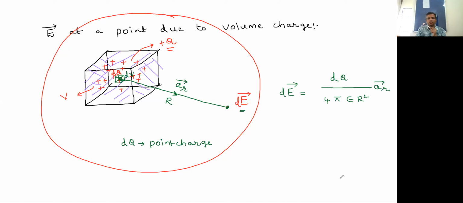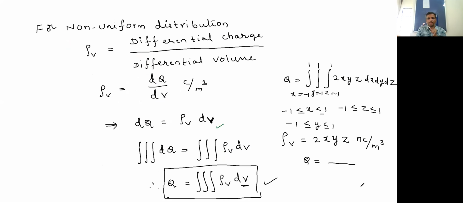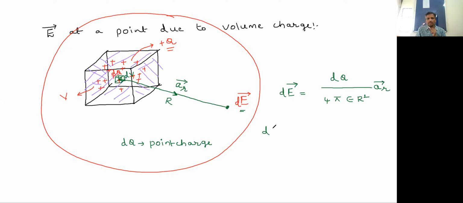Now dQ, we know very well, is rho v dV. I'll be substituting that: dE will be equal to rho v dV by 4 pi epsilon r square AR vector.